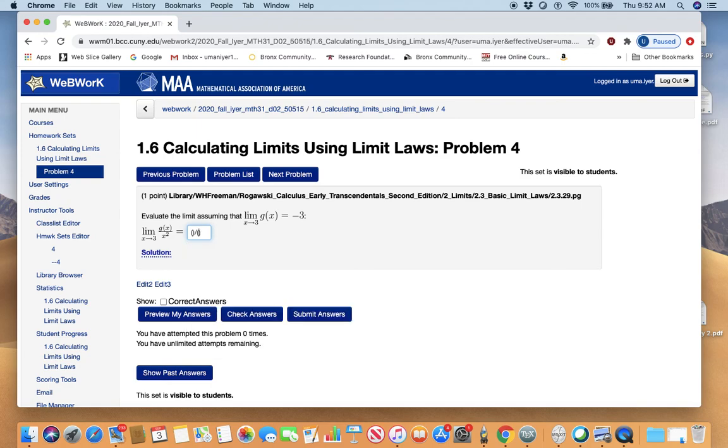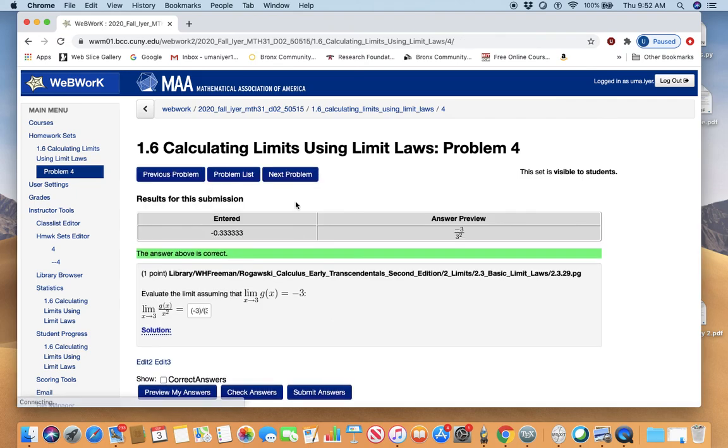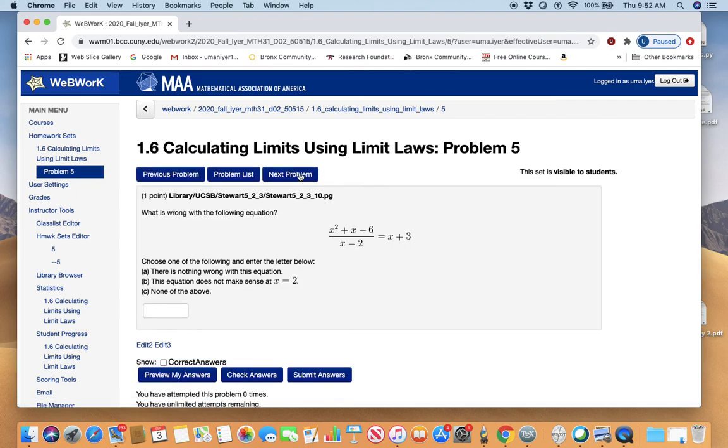Parentheses over parentheses is a starting point. Limit of g(x) is negative 3 and limit of the denominator is 3 to the power 2. That's it.